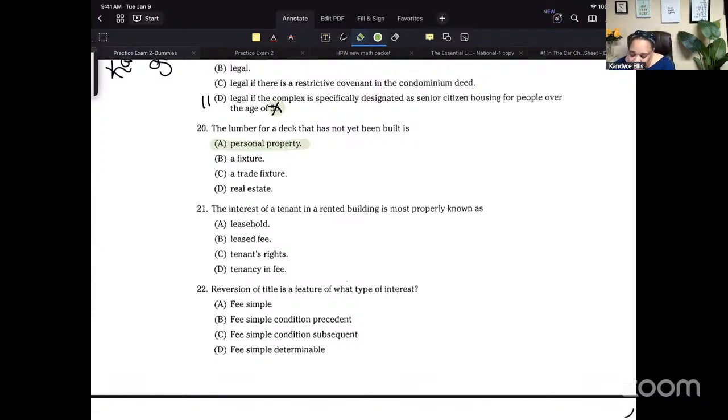Okay, 21. The interest of a tenant in a rented building is most properly known as A, a leasehold, B, a leased fee, C, tenant's rights, or D, tenancy and fee.